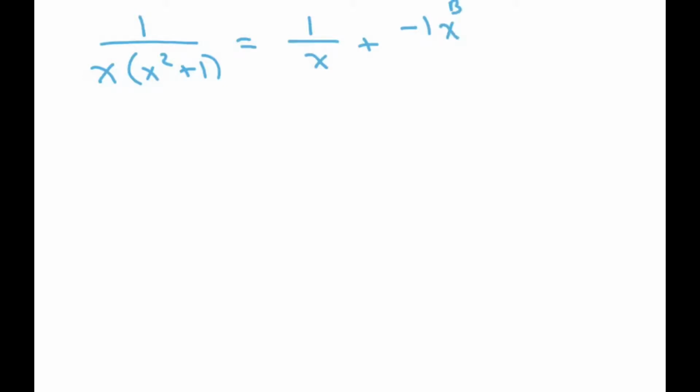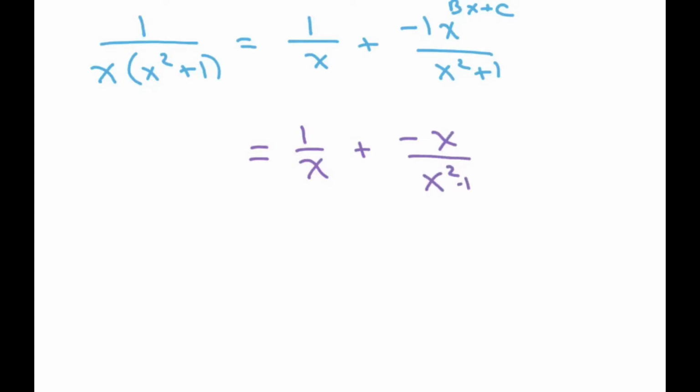Remember, this was Bx plus C, and my C was 0, so we really don't need the 0. Divided by x squared plus 1, and it's really 1 over x plus negative x over (x squared plus 1).